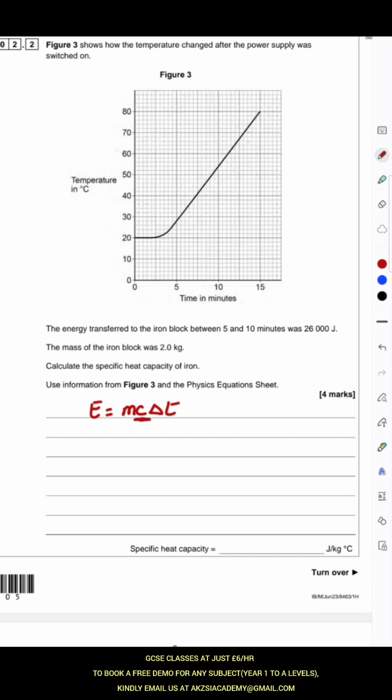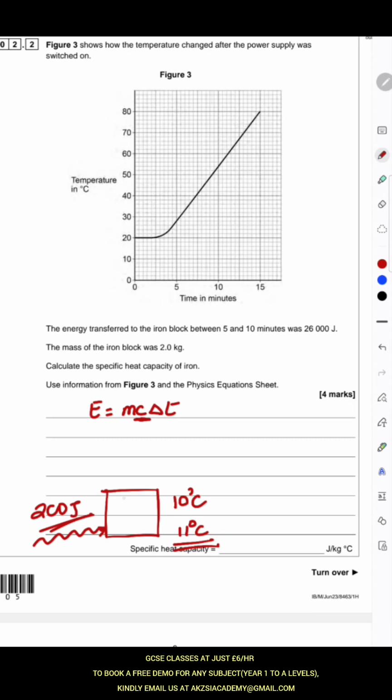Now, why is it important? Every object has a specific value of specific heat capacity. Take the example of an iron block. If you supply energy to it, suppose the iron block is at 10 degrees Celsius, and now you have supplied energy and it has become 11 degrees Celsius. So how much energy was required? Maybe 200 joules of energy. No, this is not the correct data; obviously, I'm just giving you an example.